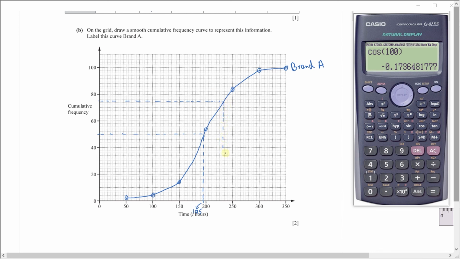If I draw a vertical line straight down, I end up here. So this is 250, 245, 240, 235, and this is 230. So it's between 230 and 235. So I can take the value to be around 232.